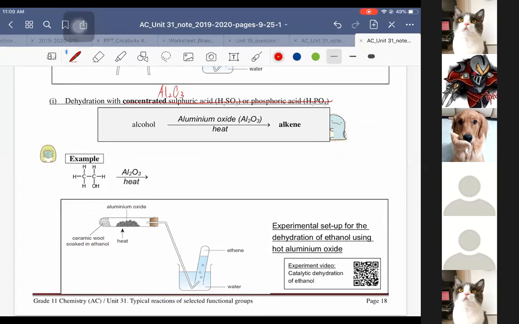So this time we can use a solid, aluminum oxide, as a catalyst to do the reaction. Again, we need to heat the reactant. If we again use the ethanol molecule, we will remove water here, and again we get ethene as a product.